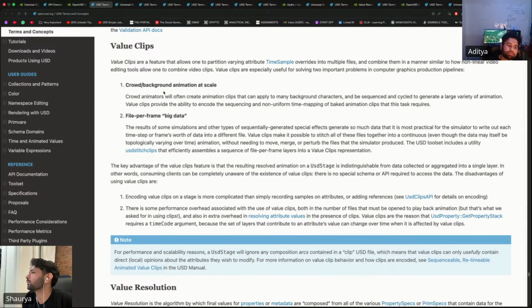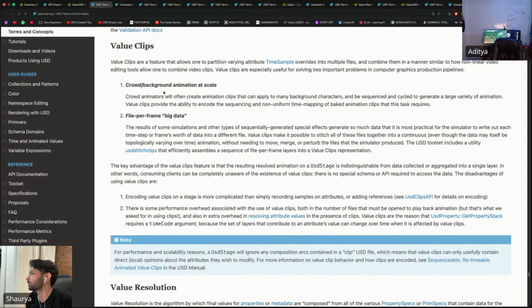Disadvantages of using value clips: encoding value clips on a stage is more complicated than simply recording samples on an attribute or adding a reference. Use USD clips for details on encoding.